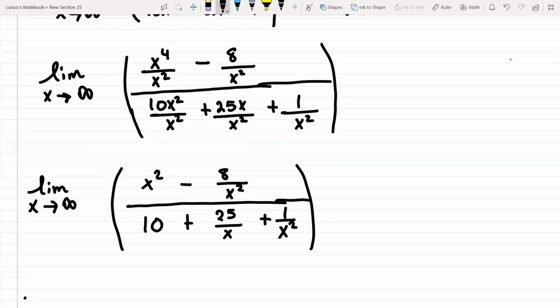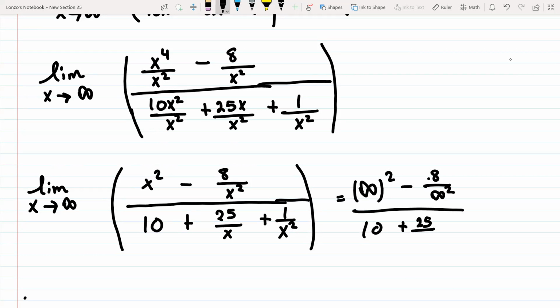Okay, now when you plug in infinity, this would be infinity squared minus 8 over infinity squared, over 10 plus 25 over infinity plus 1 over infinity squared.